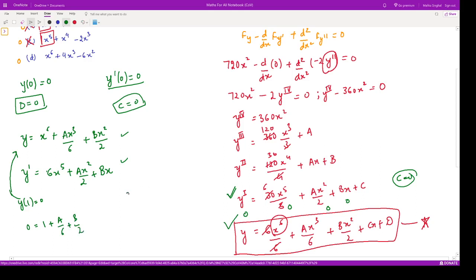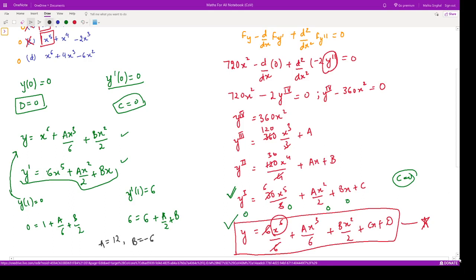And if we substitute y dash at 1 equal to 6, we would have 6 equal to 6 plus a by 2 plus b. I am substituting 1 in place of x and 6 in place of y dash. So this is the equation. Solving these two, I get a equal to 12 and b equal to minus 6.